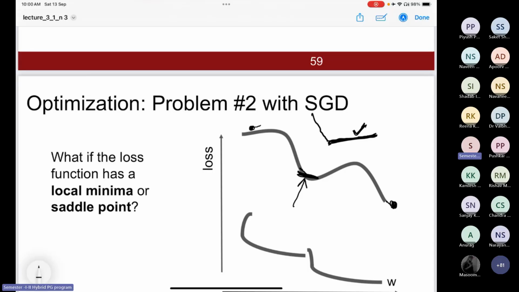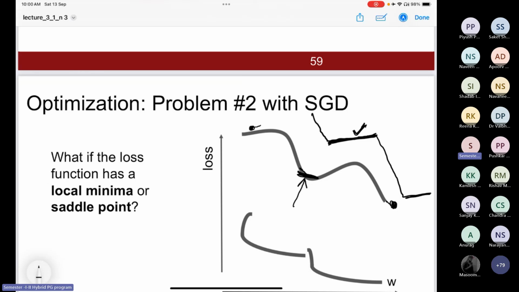And you know that by using the gradient, you get to know whether it is a minima or maxima. So it will mistakenly assume this as the global minima, but in actuality the global minima is sitting somewhere here.